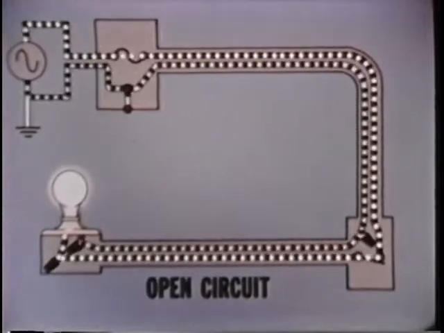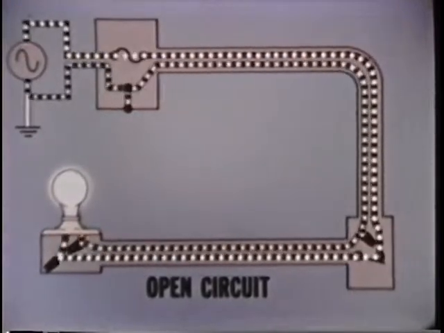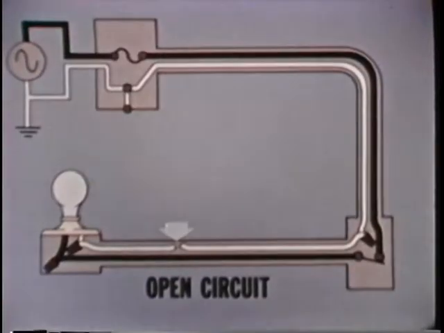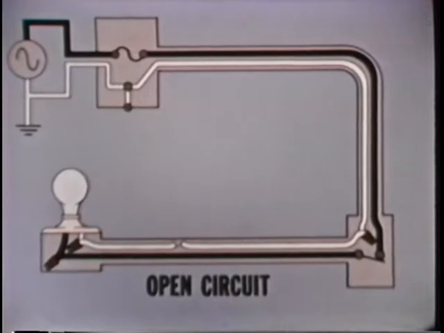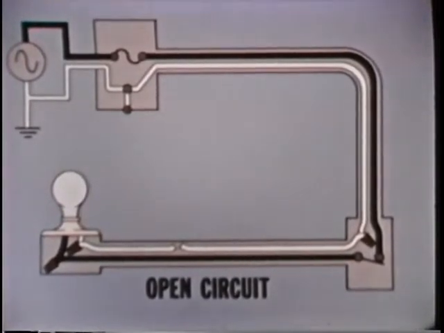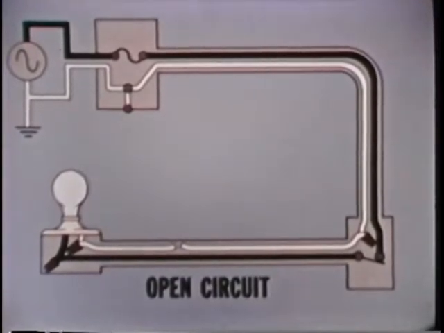An open circuit results when one or more conductors in a circuit become broken, burned, or otherwise separated to interrupt their continuity. An open circuit prevents any flow of current in the circuit. In this example, the neutral conductor has been broken to stop the current flow.